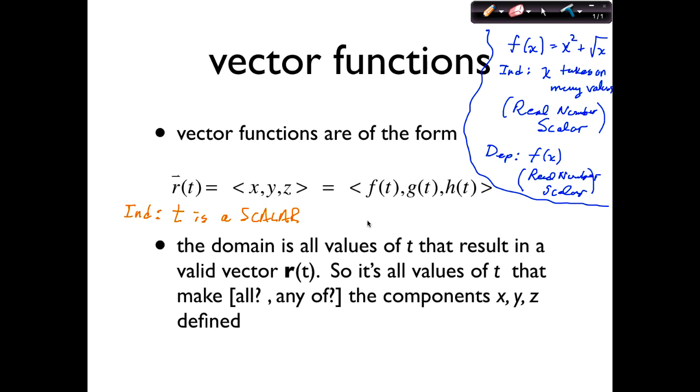Not scary. So t takes on many values, and for each one of those values, what comes out? What's the dependent thing? Do you get a scalar or a vector? Vector, right? So you have a set of scalars, and every scalar is determining a vector.